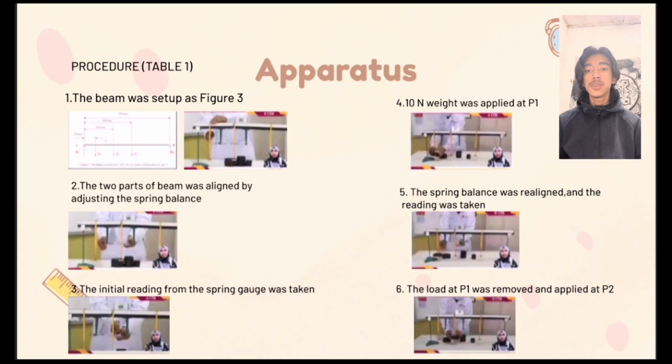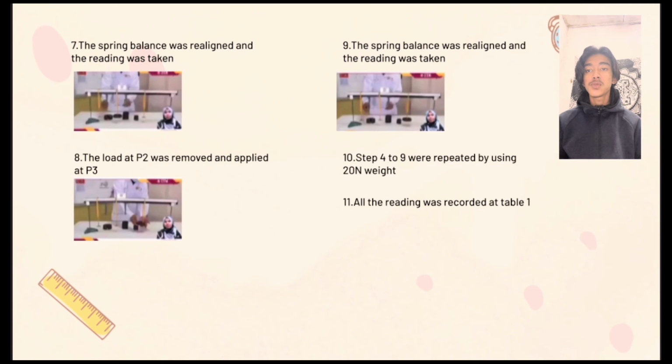The load at P1 was removed and applied at P2, and the spring balance was realigned and the reading was taken. The load at P2 was removed and applied at P3, then the spring balance was realigned and the reading was taken again. Steps 4 to 9 were repeated using a 20 Newton weight. All the readings were recorded in table 2.